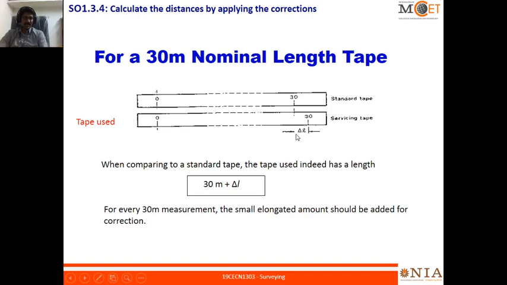If it is elongated, that is too long, you have to add that length when comparing, right? If it is short, it has to be subtracted. That length is the erroneous length. For that we have to calculate the actual total measured length. This is the thing you have to keep in mind, based on which they give that the chain is long or chain is short.